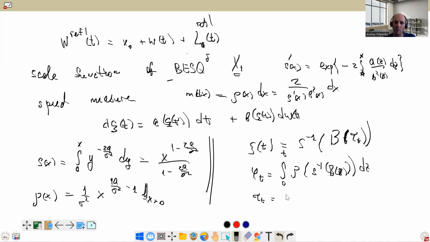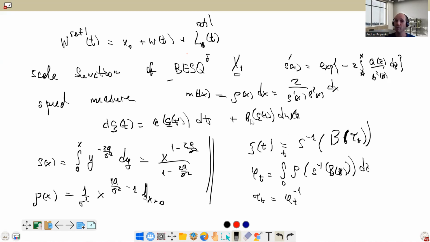Tau of t is the inverse function. It is not 1 over phi. It is the inverse function. Function rho is positive, so this is an increasing function.